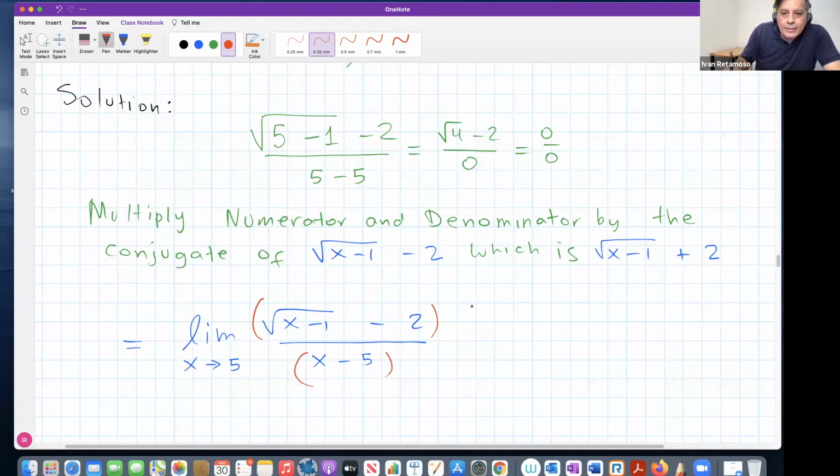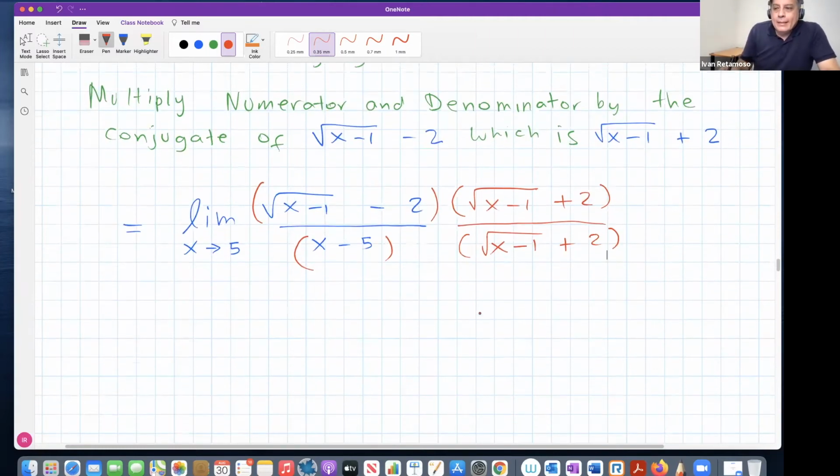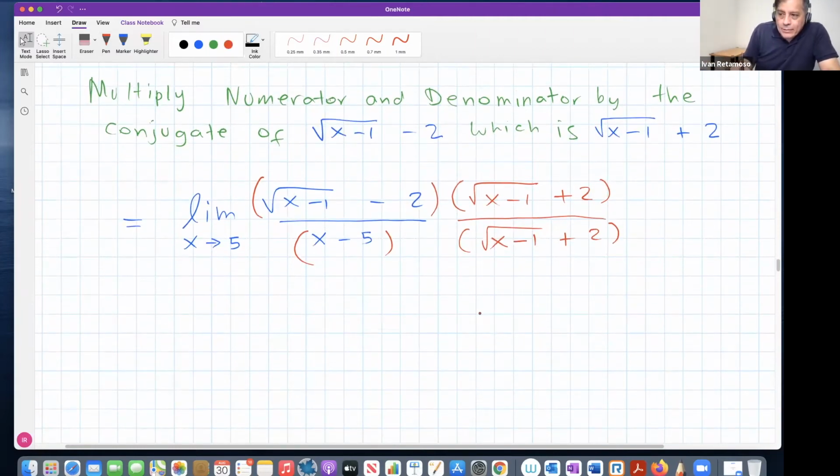Parentheses here. We're going to multiply by this guy, right? Square root of x minus 1 plus 2, numerator and denominator, both. So we don't change the value of this fractional form, right? Yeah, numerator and denominator.